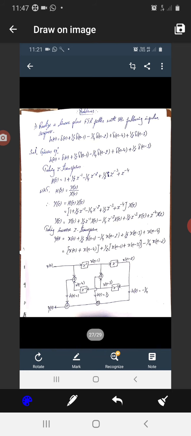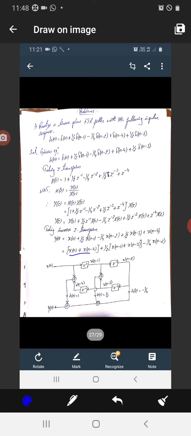Then rearranging the terms, because here we are mainly focusing on the coefficients. If the coefficients remain the same, write those on one side and the remaining on the other side. The same thing is done here. The coefficient of x of n is 1 here, and for x of n minus 4 the coefficient is also 1.